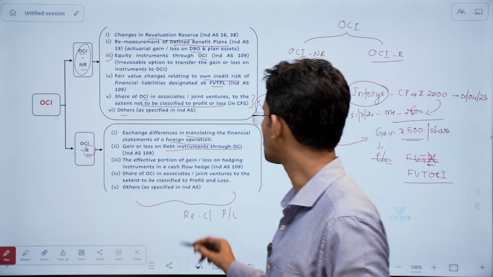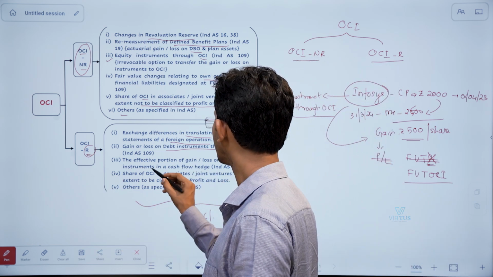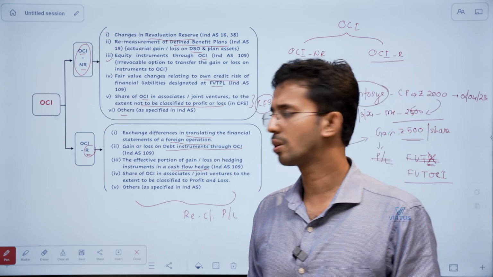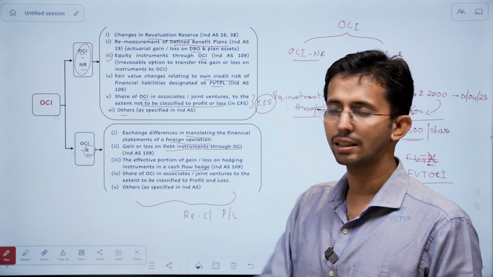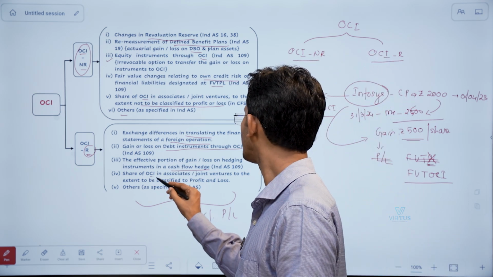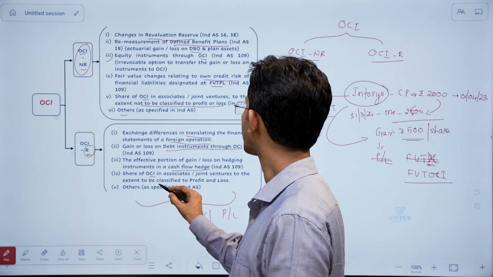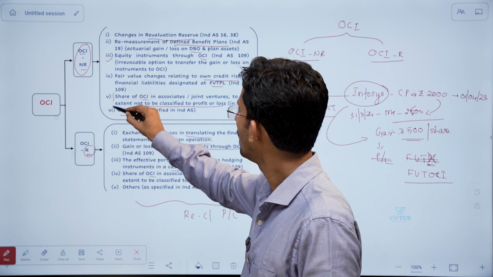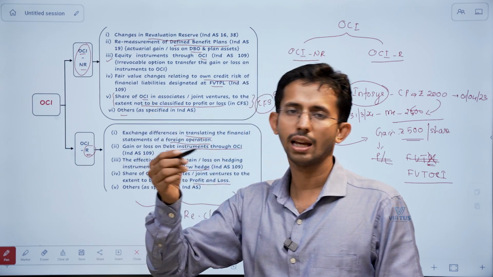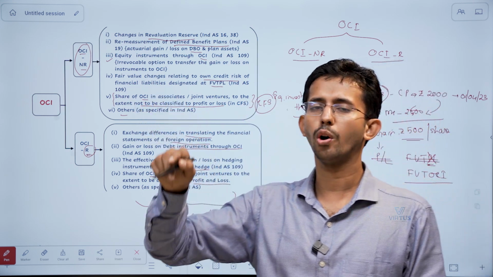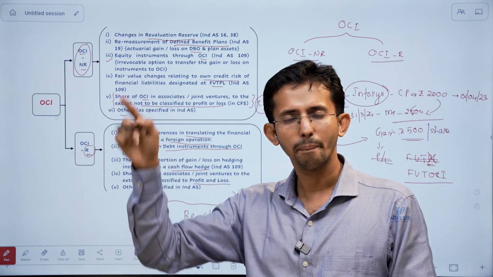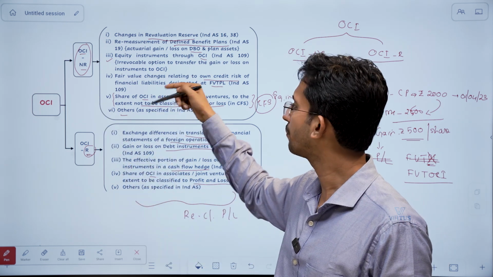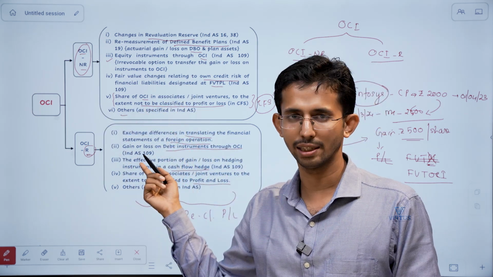Then the effective portion of gain or loss on hedging instruments in a cash flow hedge. We will deal with cash flow hedge when we talk about Ind AS 109, so I am not spending time on that. The next one is share of OCI in associates or joint ventures, to the extent to be reclassified to profit or loss. Whenever you have a share of OCI relating to your associates or joint ventures, if it is classified by the associate or joint venture as OCI-NR, then it has to be OCI-NR in your group balance sheet.